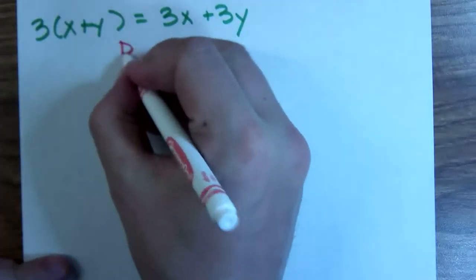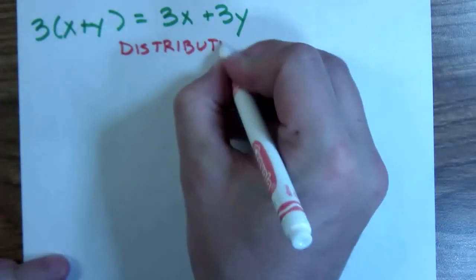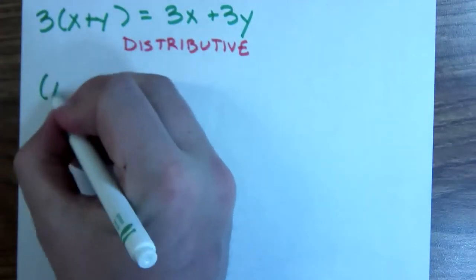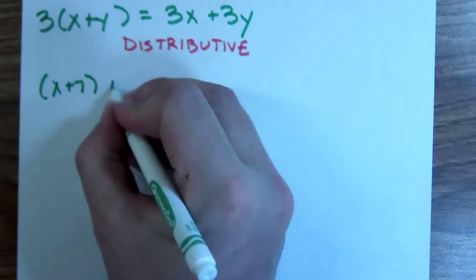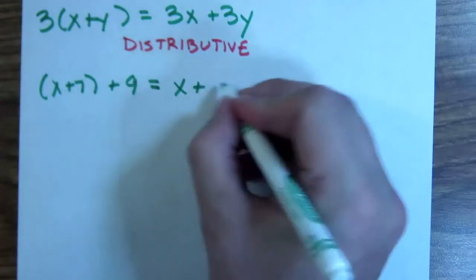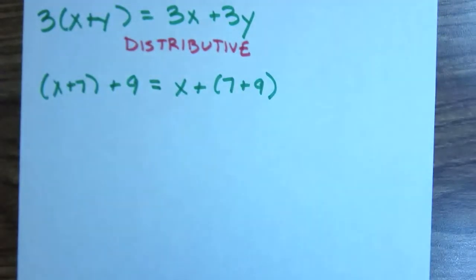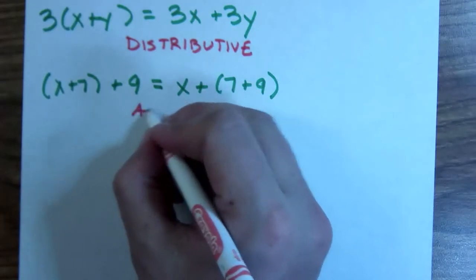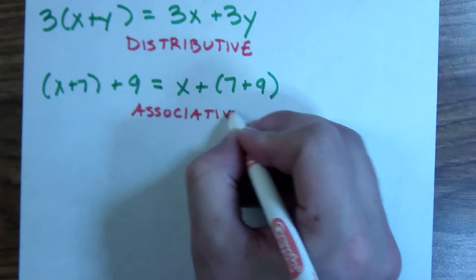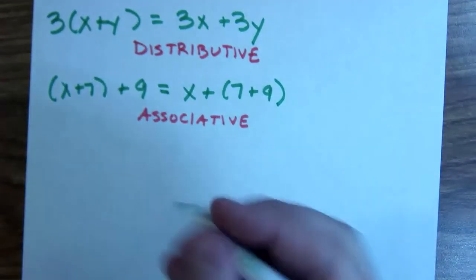That is the distributive property. That is the associative property. The associative property of addition, if you're nasty. But we will accept associative.